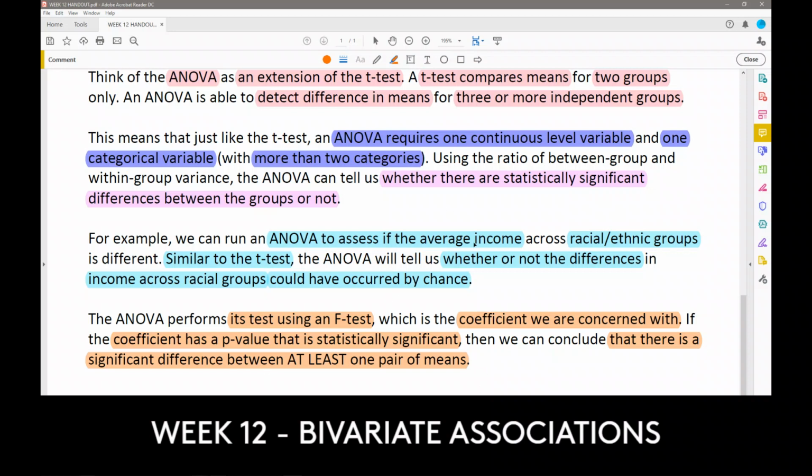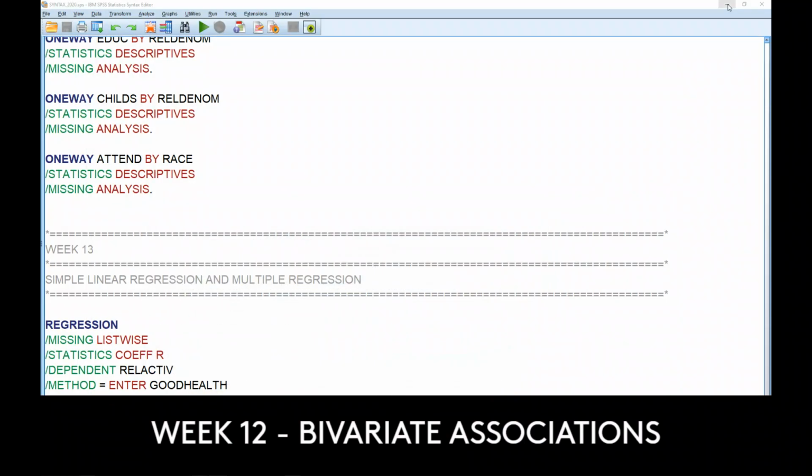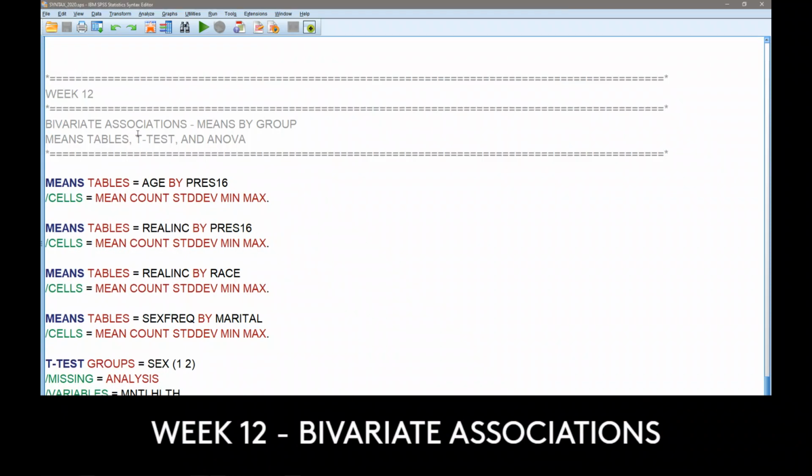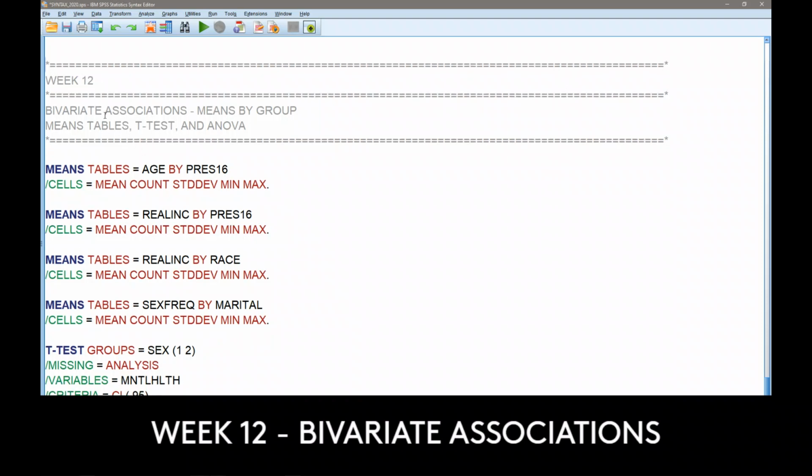Okay, so I'm going to move on to the SPSS component for this week. Go ahead and open up your syntax file and notate week 12. Again, we are going over bivariate associations, means by group, t-test, and ANOVA.